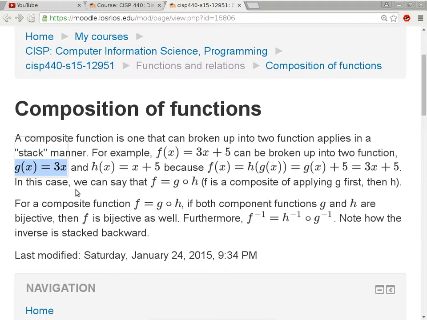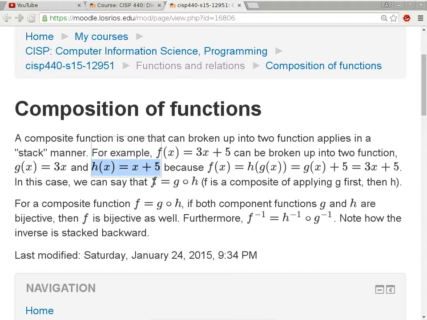What about h? If I look at h and we use all real numbers as both the domain and the codomain, is it injective? Yes. What about surjection? Is it surjective? It is also surjective, which means it is bijective. It has its own inverse. All right.